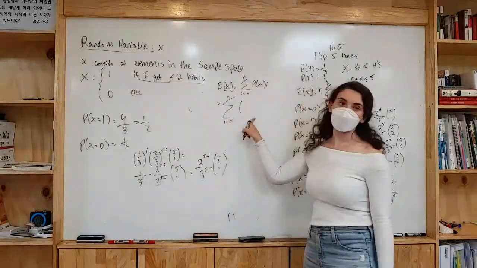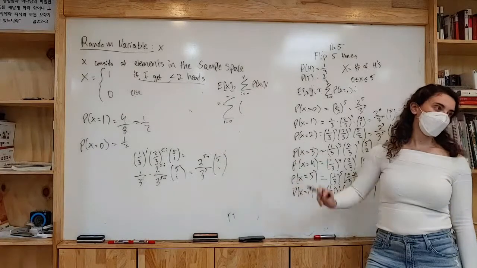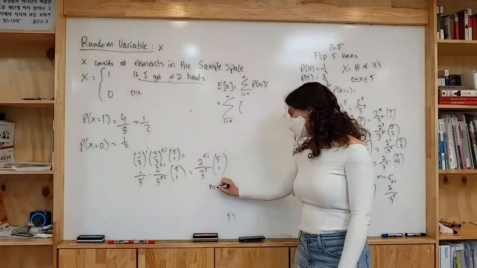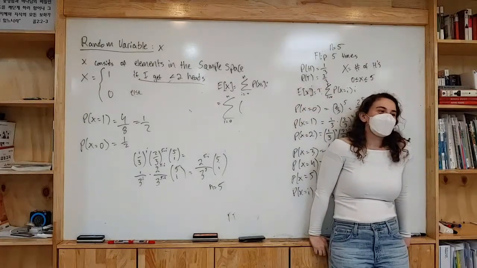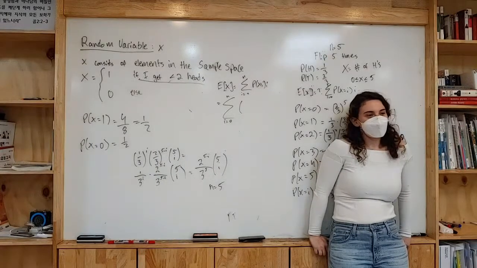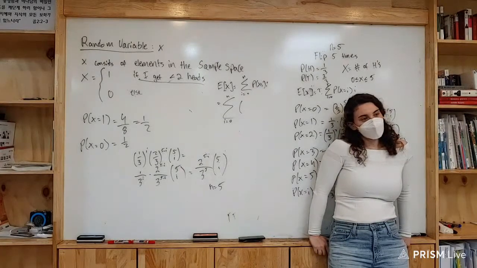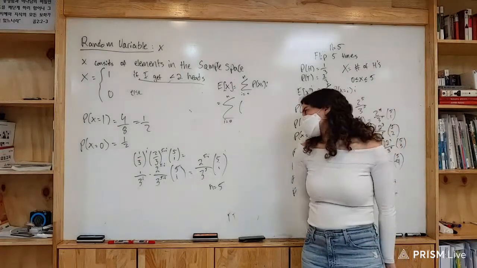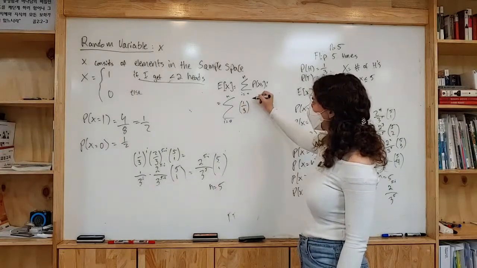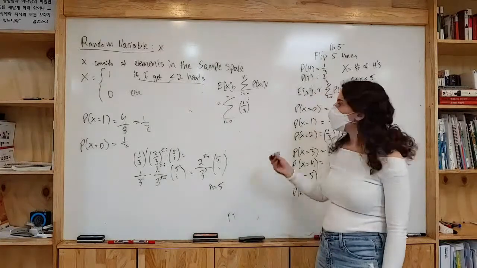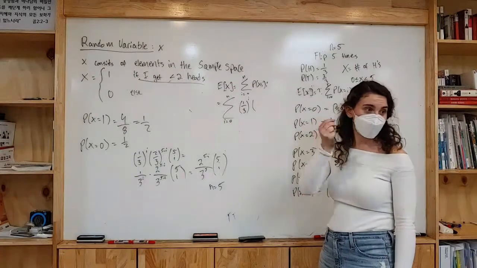Now I want you to generalize for n. What's the expected value of x? That's the probability that x equals I, if n is 5. So how many heads? I have I heads, so 1/3 to the I. I flip it n times.